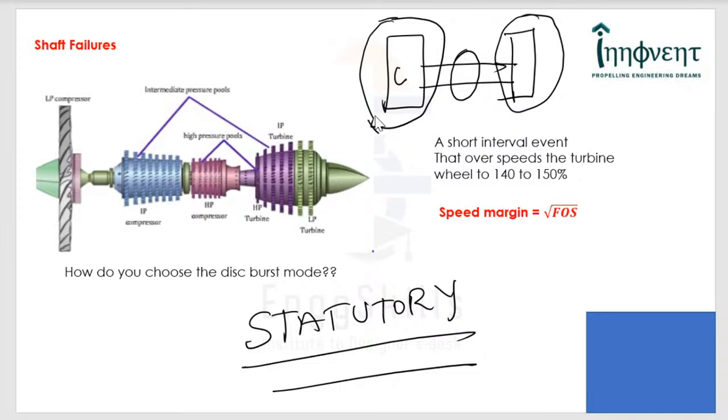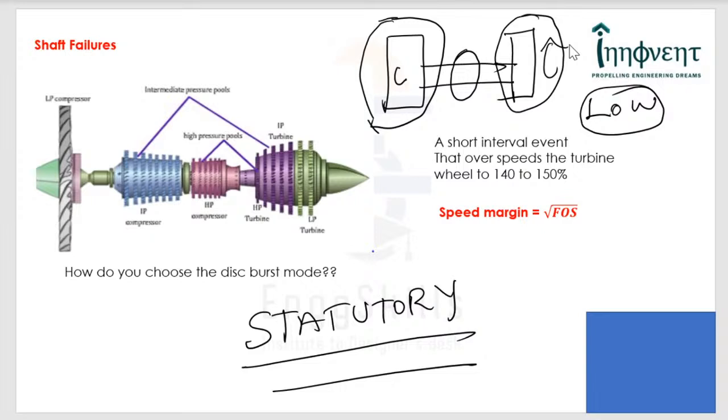Now, if the compressor is disconnected from the turbine, all the inertia that is being driven by the turbine is cut off. That is, it now has very, very low inertia. It has the inertia of itself, because the compressor is cut off, and therefore it starts speeding up. Incidentally, let me also mention that a single stage of a turbine is able to drive several stages of compressor, and that is because the compressor has an adverse pressure gradient.